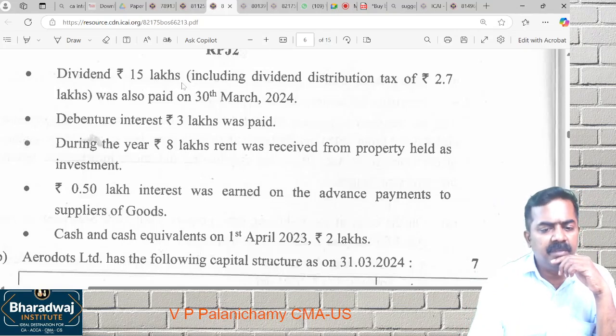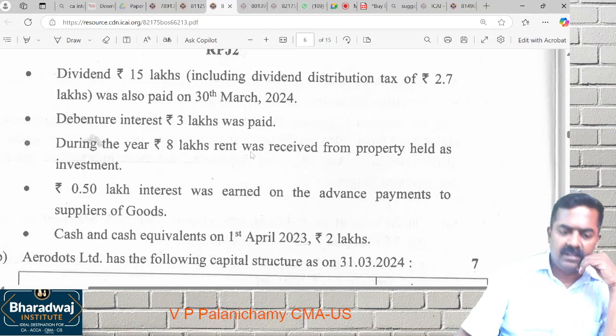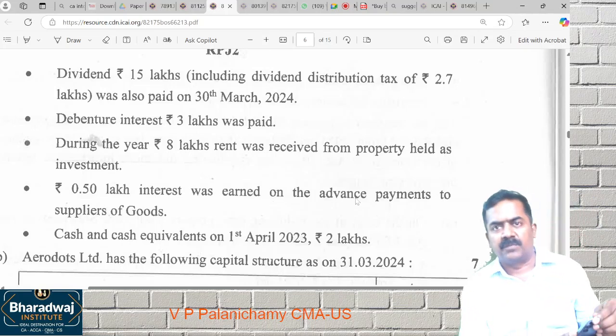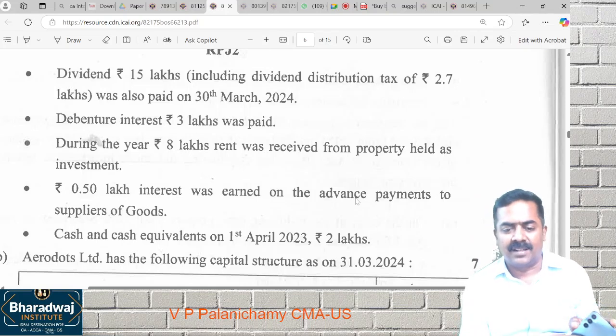Dividend paid will come in which activity? Debenture interest 3 lakhs paid in which activity? Financing activity. 8 lakhs rent receipt will come in which activity? The 0.5 lakhs interest was earned on advance payment to supplier of goods. 0.5 lakhs was interest earned on advance payment.